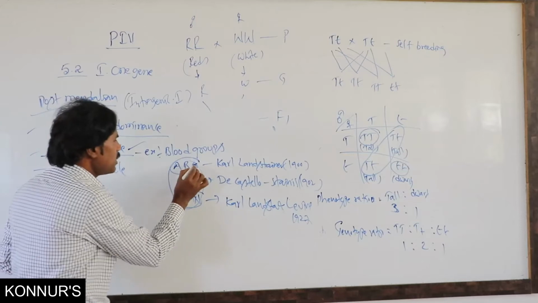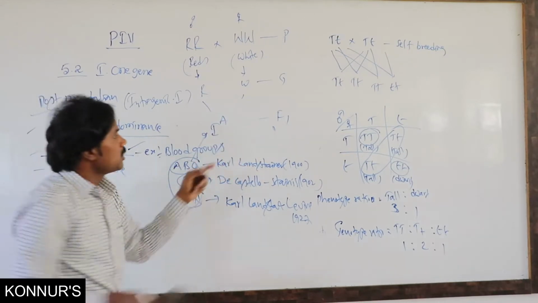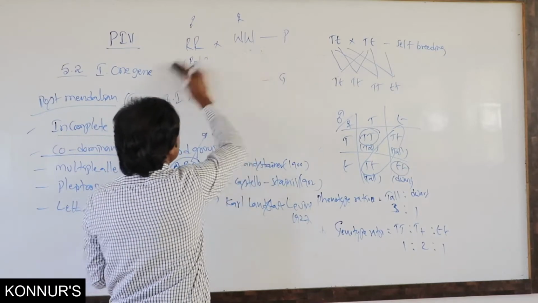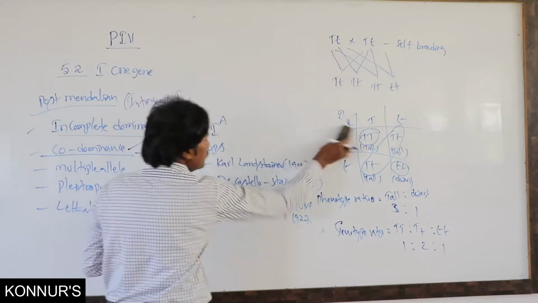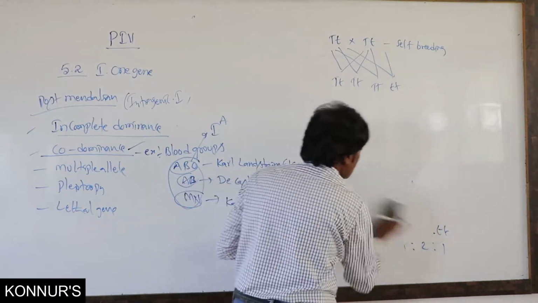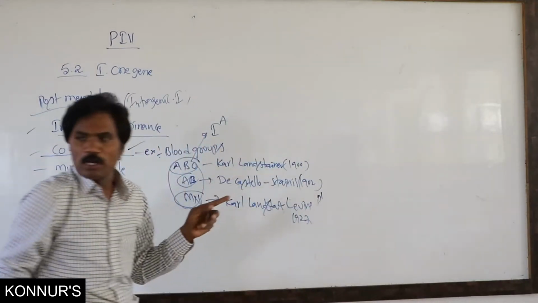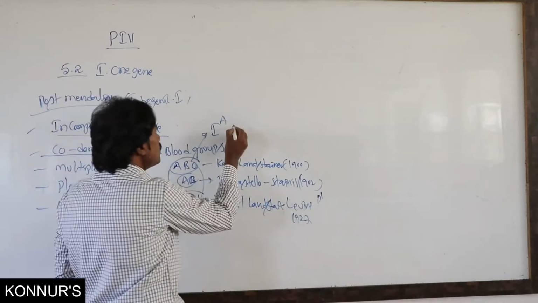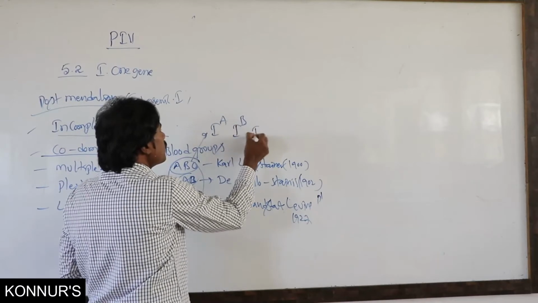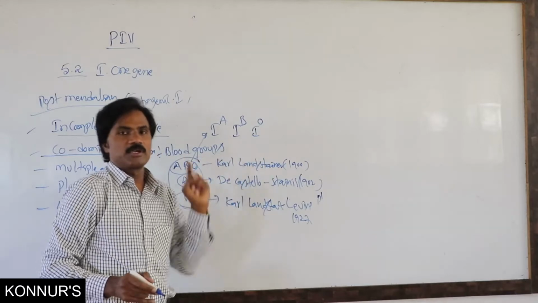In the ABO blood group, which gene controls A or B or O? Three alleles are present.